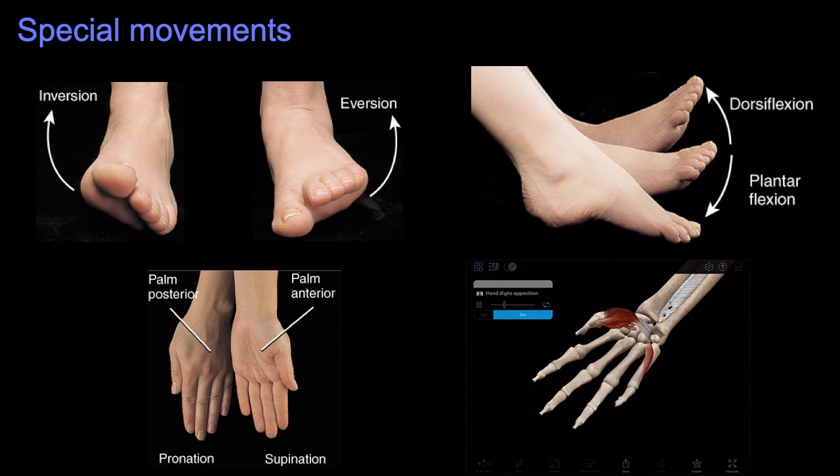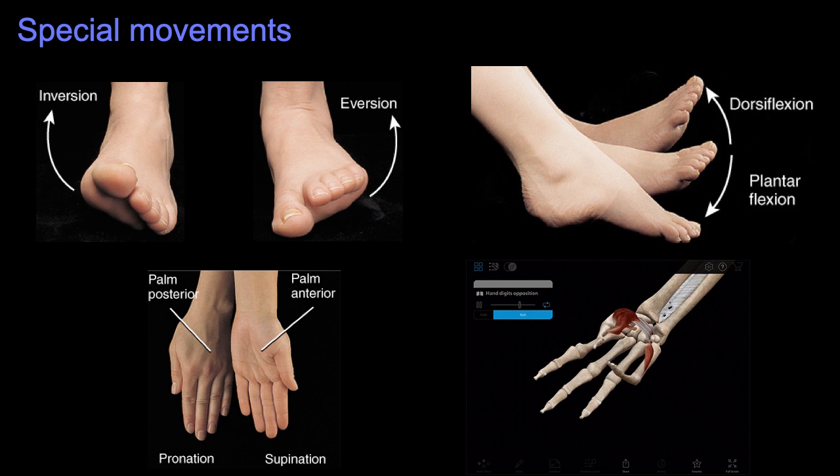Here we have other special movements like inversion, when the soles of the feet face each other. Then we have eversion, when the soles move away from each other. And dorsiflexion and plantar flexion of the foot. Alright, so these are special names for what the foot can do.